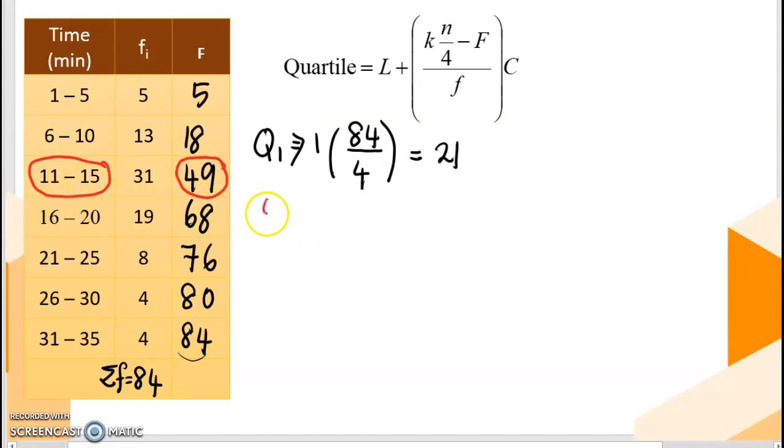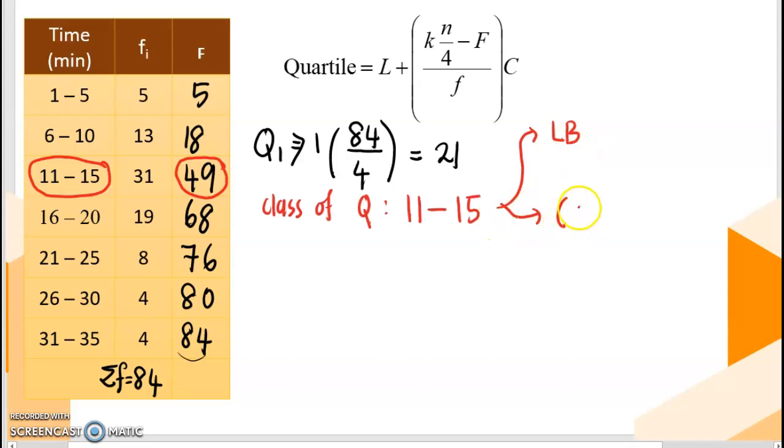So the class of Q1 is 11 until 15. For this class, we are going to find its lower boundary and the size of the class. Lower boundary is 11 plus 10 divided by 2, equals 10.5. Class size will be upper boundary minus lower boundary.